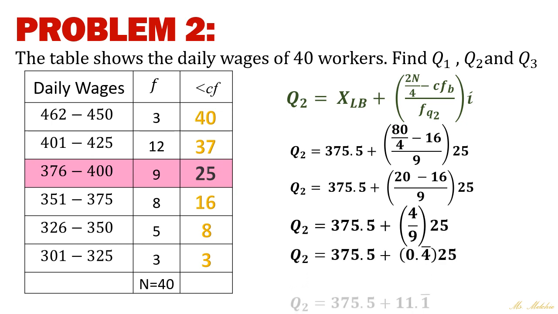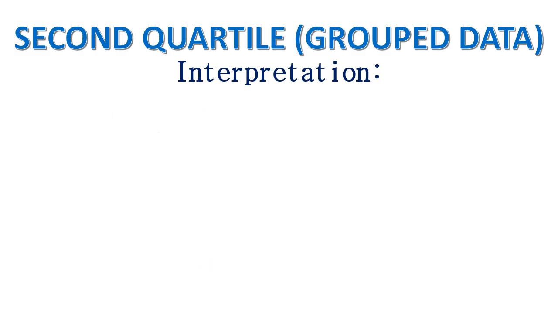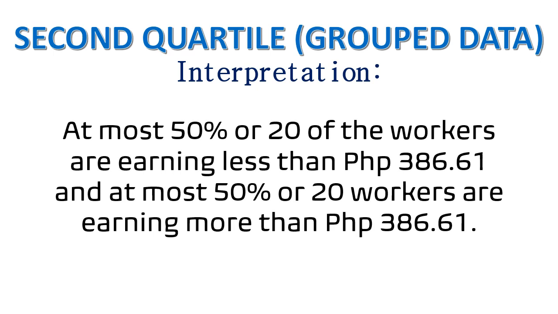So now we have Q2 equal to 386.61. For our interpretation, in the same format, at most 50% or 20 of the workers are earning less than 386.61, and at most 50% as well, or 20 workers are earning more than 386.61 pesos.